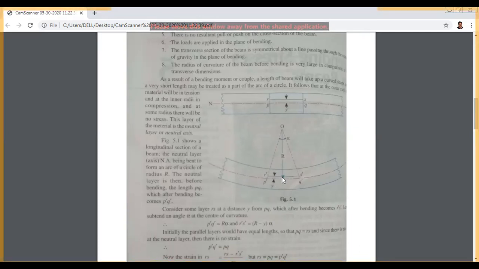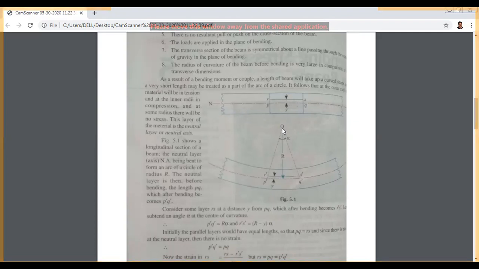A straight line is also a curve having infinite radius of curvature, but in this case we have a finite radius of curvature, which is very large.